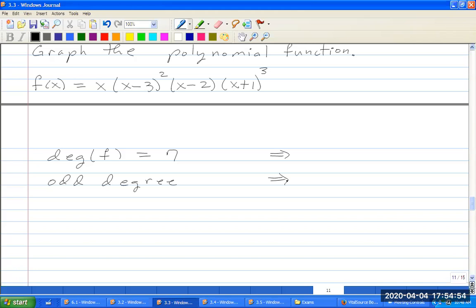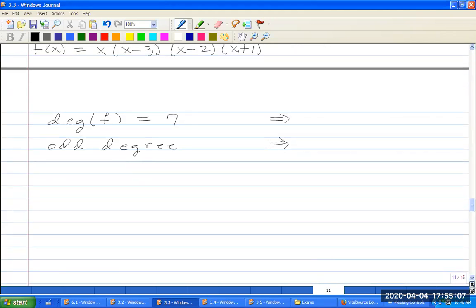Since this has odd degree, that means that this polynomial is going to be going into opposite quadrants. The tails will be in opposite quadrants, in antipodal quadrants.